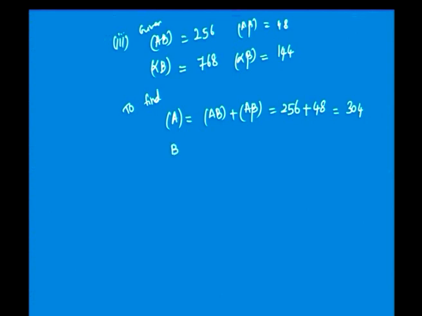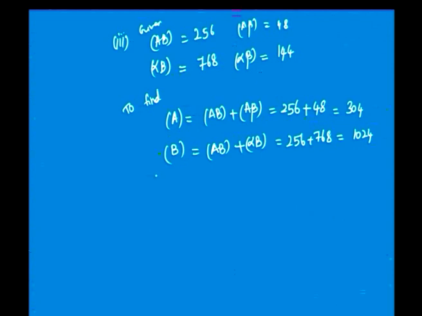Okay. Next, B. B is fixed, therefore, you have AB plus alpha B gives you B value, that is 256 plus 768. This answer is 1024. Okay. You got A, B, you got AB.